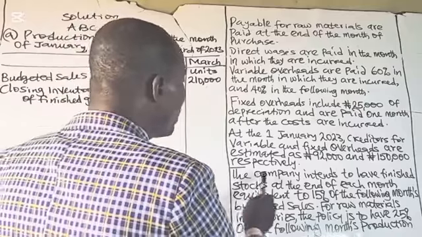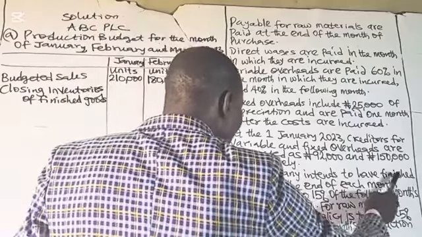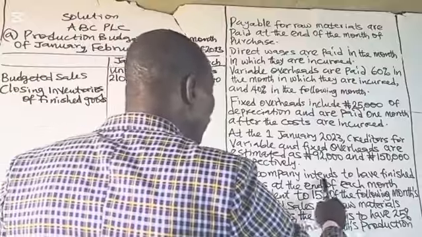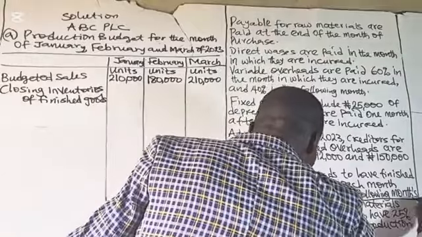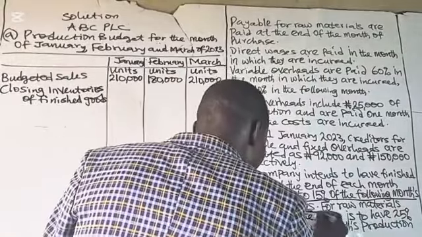You were told the company intends to have finished stocks at the end of each month equivalent to 15% of the following month's budgeted sales.